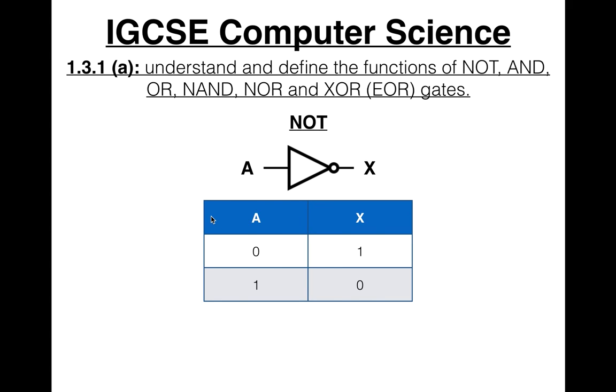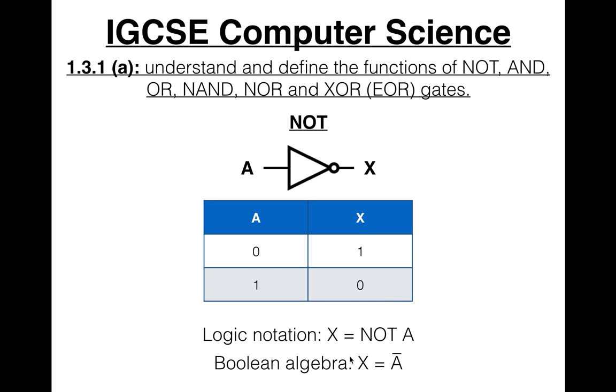There's also logic notation for this gate, for every gate actually, but this is the one for this gate: NOT A. And then there's Boolean algebra, which is this. So you're going to have to know both of these for the exam as well. And we'll get back to using these when we look at logic circuits, as these will become a little more complex.